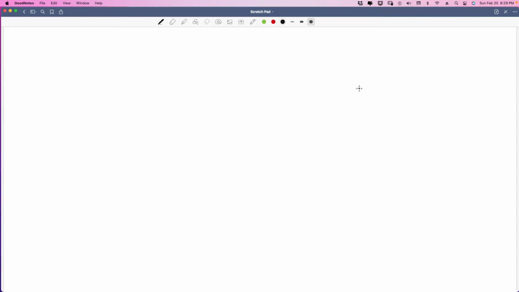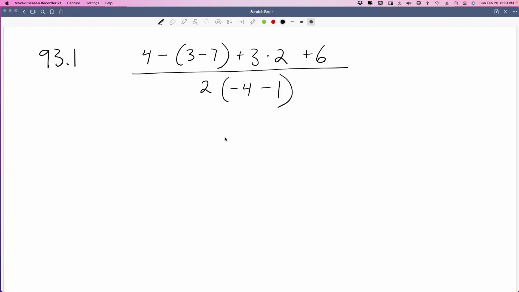So let's just jump into 93.1, and I'll show you what I mean by that. Let me write it up here. So here we have 93.1, and you can see this is a long expression in the numerator, and then we have a complex expression in the denominator. There's no way that we can just look at that and reduce that fraction the way that it is.